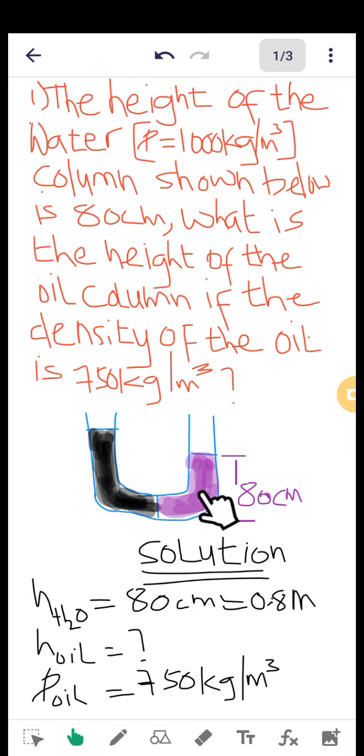So this is our manometer, a U-tube shaped. We've been given the height of the water to be 80 centimeters. Here we are looking at two different liquids, one which is oil and the other which is water.